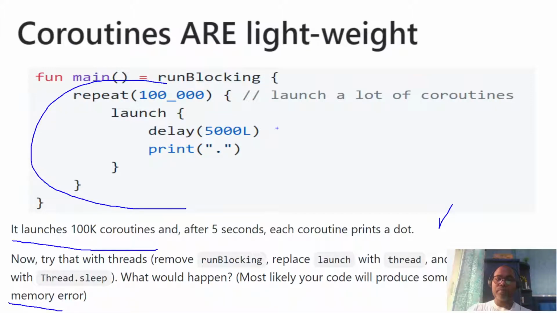That set of code is suspended, and whenever it resumes, any free thread can be reused. The suspendable computation is not bound to any specific thread. Due to this concept behind coroutines, you can create thousands of coroutines without getting out of memory exceptions.